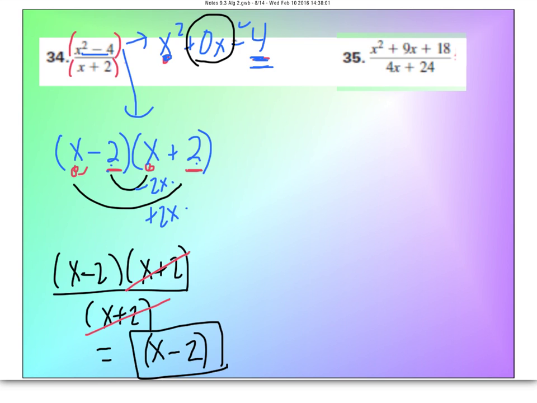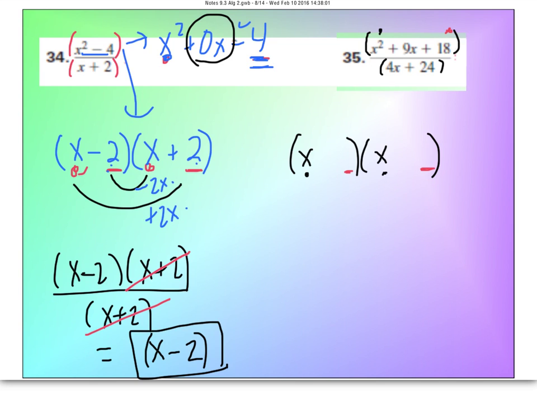Now on 35, again, it's clear that this top group, which is a trinomial, clearly does not match the bottom one. So they can't be crossed off, but both the top and the bottom can be factored. Now to factor the top, we're going to, again, take the x squared, and it goes here and here. The only option for x squared is x and x. I have to think of factors of 18, such that they go here and here.